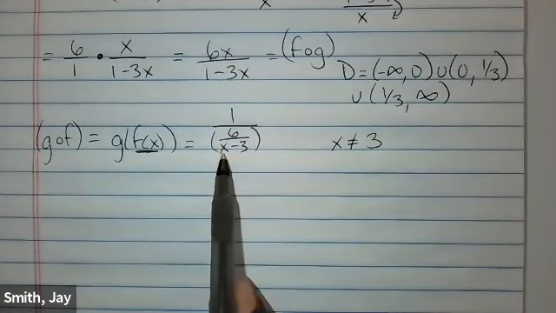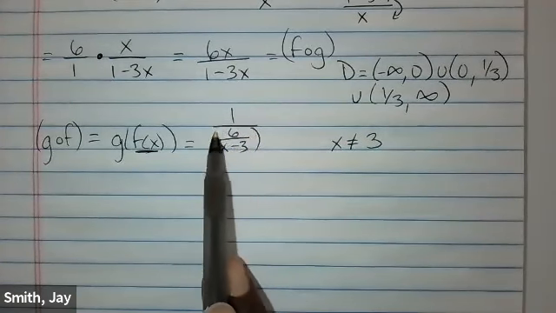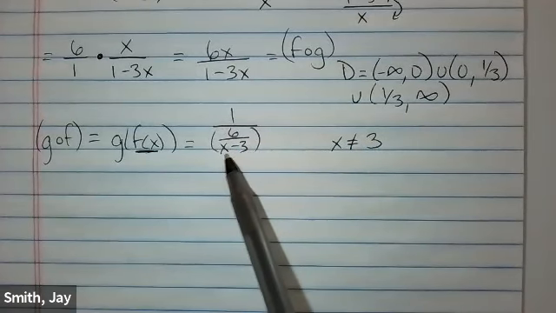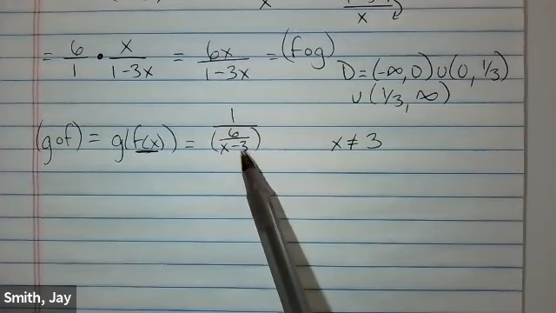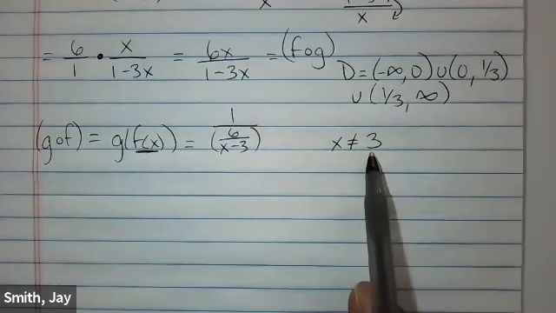And provided that x is not equal to 3, there is no way for us to get 0 for the bottom of this complex fraction. Remember, this is 1 over the denominator. As long as x is not equal to 3, we'll never get 0 for the bottom of our complex fraction because our numerator is non-zero. So the only value we have to worry about excluding is 3.